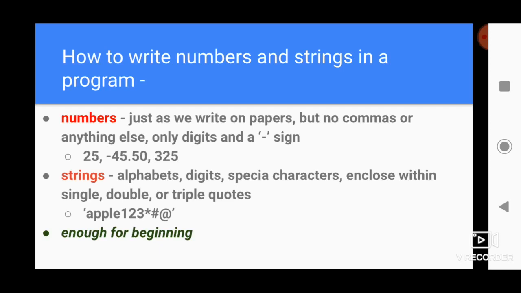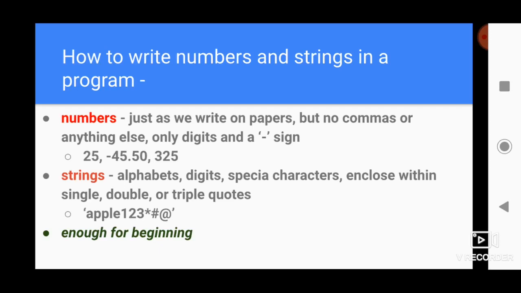So we have certain rules which govern how we will write numbers, or how we will write the strings in our programs. Now, we will not get into details of all those rules. That is not required for writing small programs. We just see how we can write simple, commonly, frequently used numbers and strings.